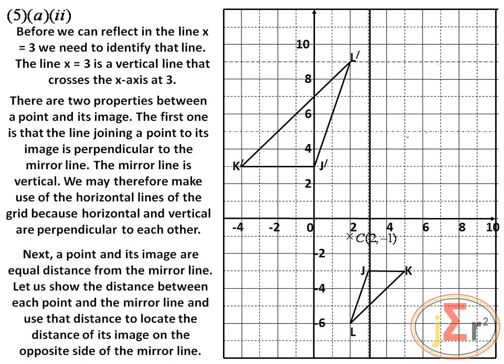Next, a point and its image are an equal distance from the mirror line. Let us show the distance between each point and the mirror line and use that distance to locate the image on the opposite side of the mirror line.